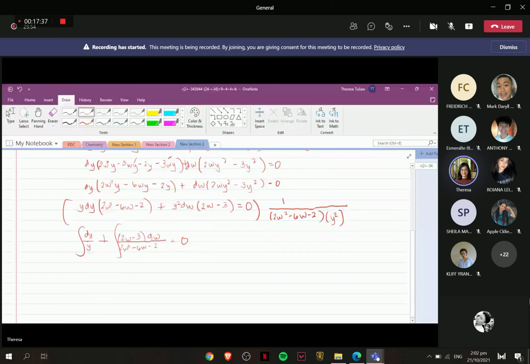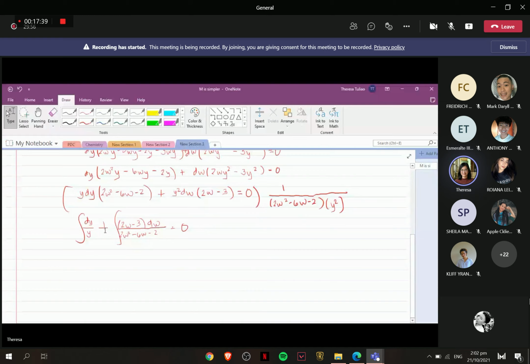Tapos dito, nakikita nyo, we can actually use substitution. If we let u as 2w squared minus 6w minus 2, our du is 4w minus 6. E meron na tayong 2w minus 3 dun.